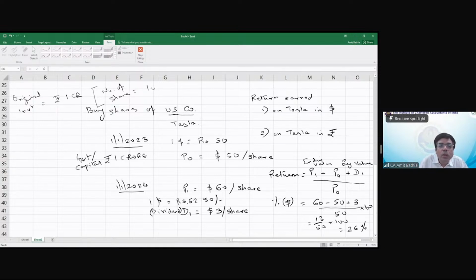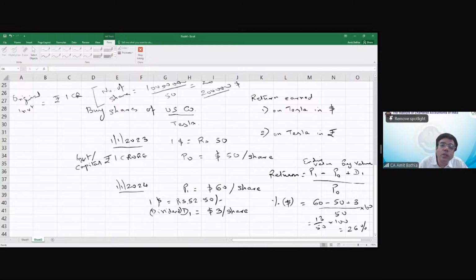Yes. Number of shares, how many would I have got? 1 crore divided by 50. So that gives me the amount in USD. Am I right? Yes, sir. Now again I will have to divide that amount by 50. How many USD will I get? 2 lakh USD, right?